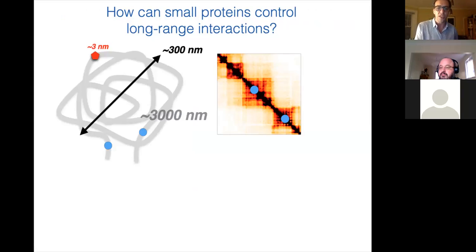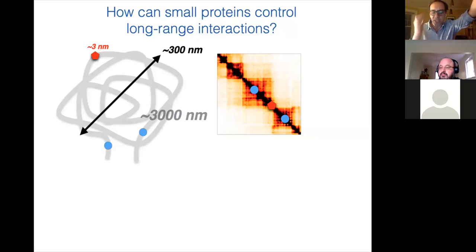In other words, there is a small protein here, and if this region of the genome is chopped off, then the two TADs, two domains, would merge into a larger square. So something present here controls whether these two regions of the genome interact or not.